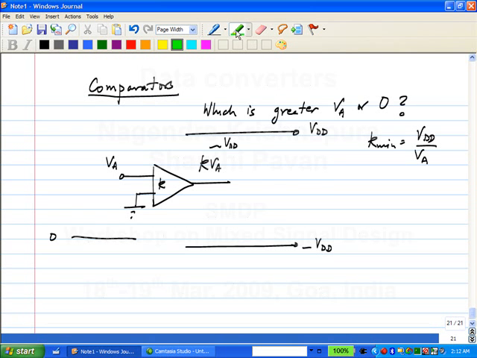You will not be able to make out if VA is greater than 0 or less than 0 if VA lies in this band which is on top VDD by K and in the bottom minus VDD by K. In other words, you need a voltage of at least VDD by K for the output to reach a logical level. Does it make sense?